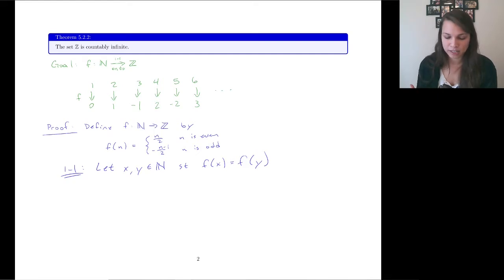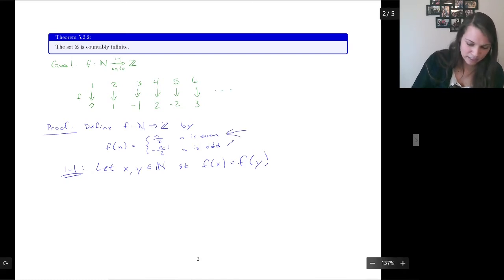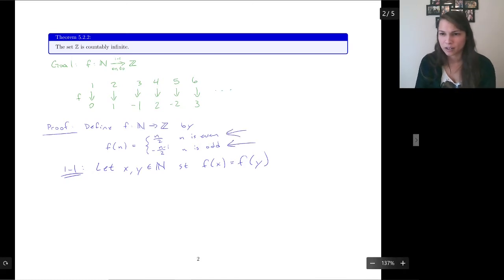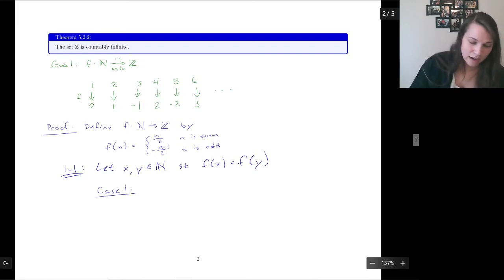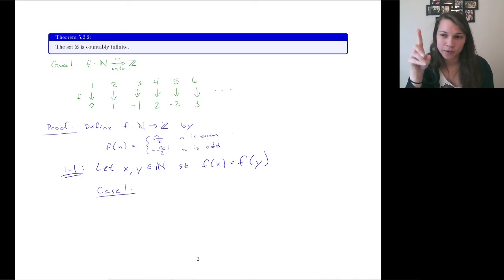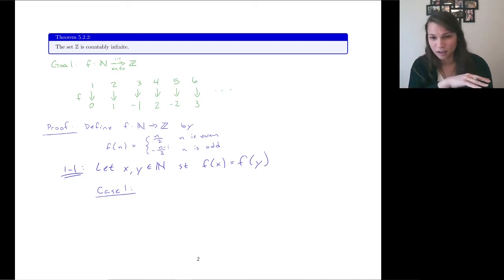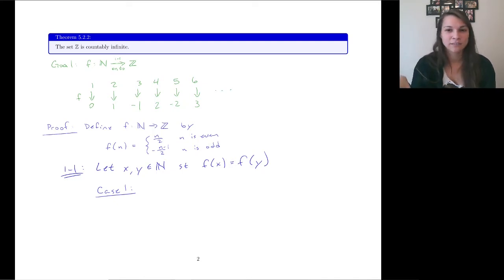Now what we need to do is prove that x is going to be equal to y, which is going to be kind of tricky because 2 really different things are going to happen depending on if we're talking about even or odd numbers. So this is an excellent time to do proof by cases. Case 1. I'm not going to go through and do combinations of x and y, like x is even and y is even, x is even and y is odd.